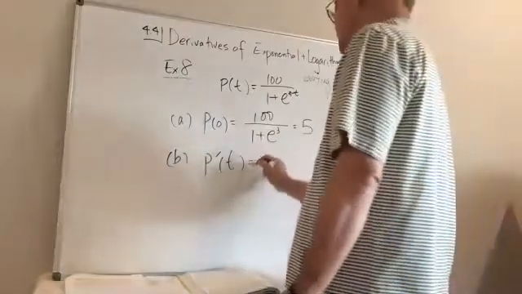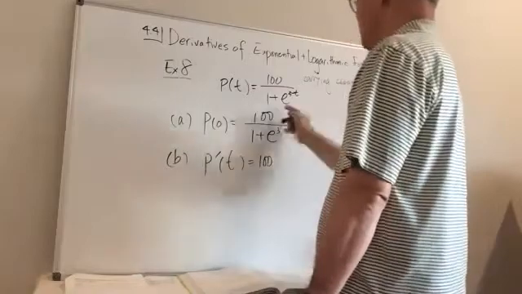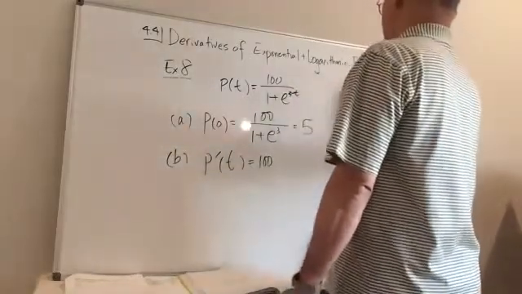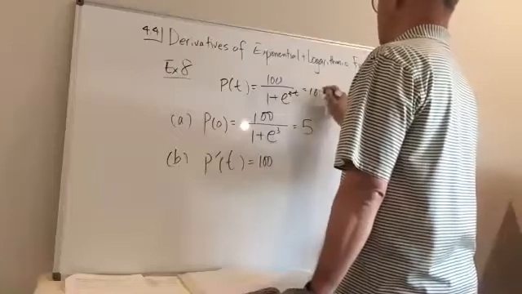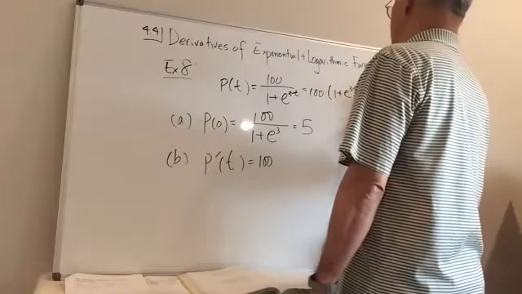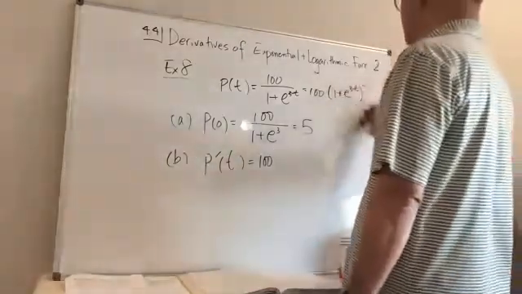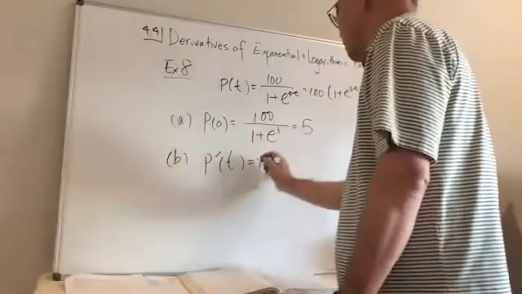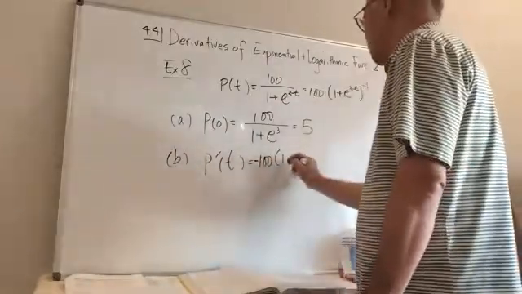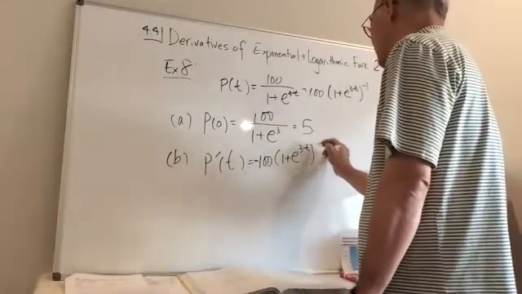So 100 stays there. Then I have to take the derivative. I'm going to rewrite this a little easier: 100 times (1 plus e to the 3 minus t) to the minus 1. I'm going to take the derivative of this. So the minus comes forward, and we get (1 plus e to the 3 minus t) to the minus 2.